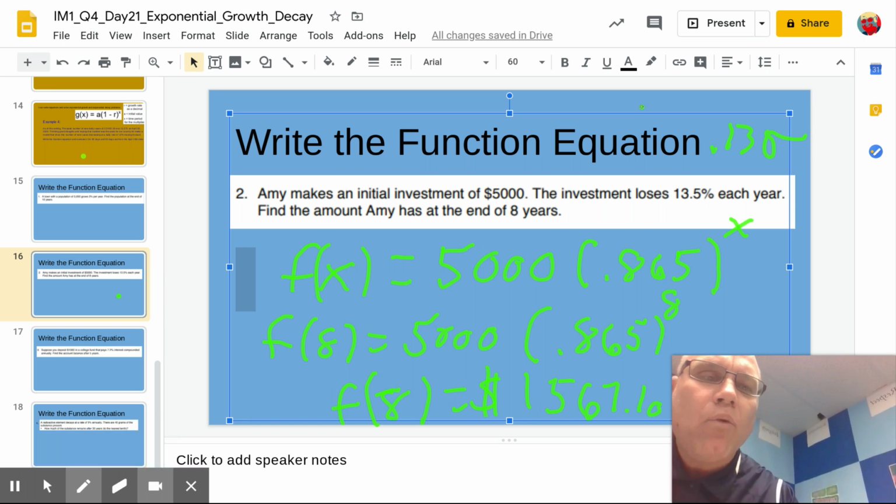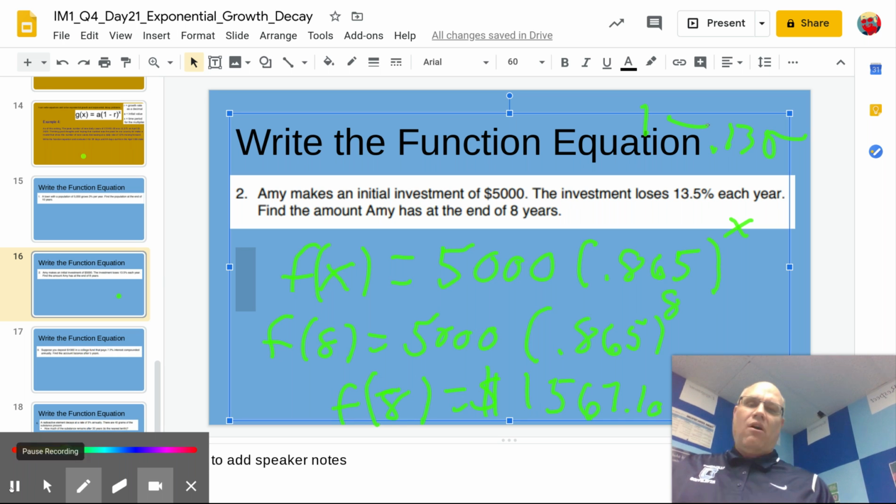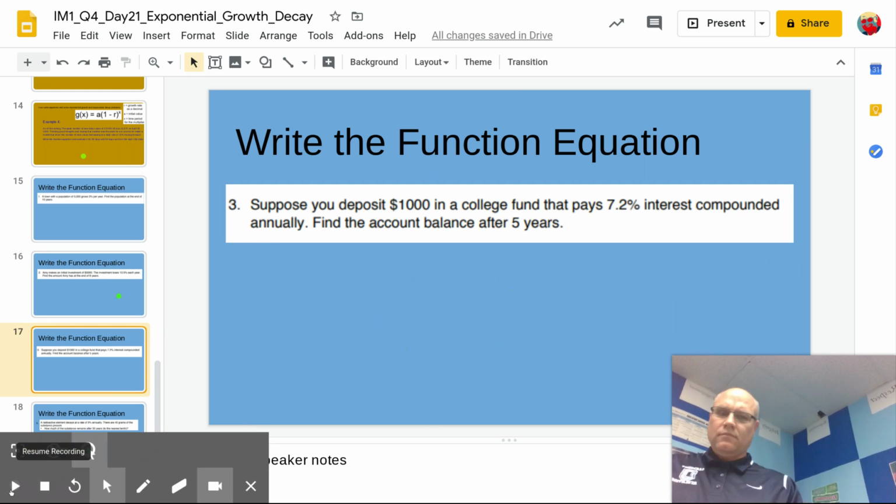So we went 1 minus 0.135. That's how we got the 0.865. So then put that in your calculator, and we end up getting $1,567.10 is what she has left in her investment of $5,000 after 8 years, losing 13.5% a year.